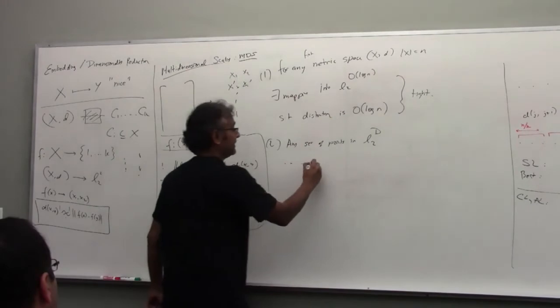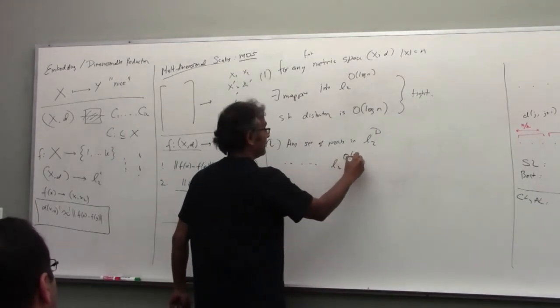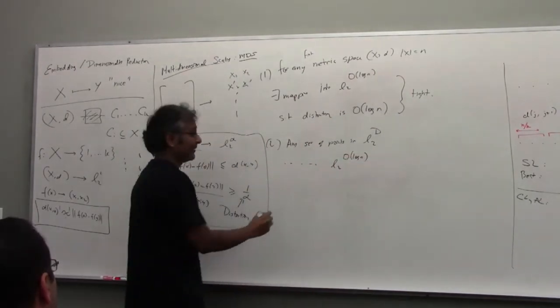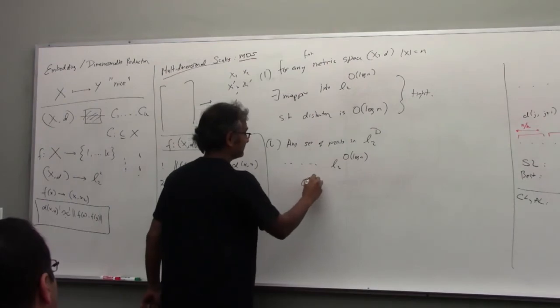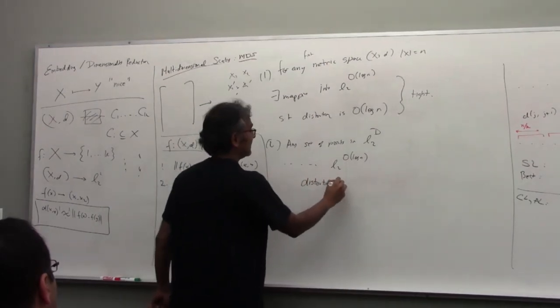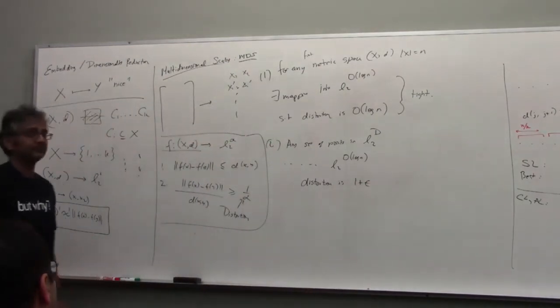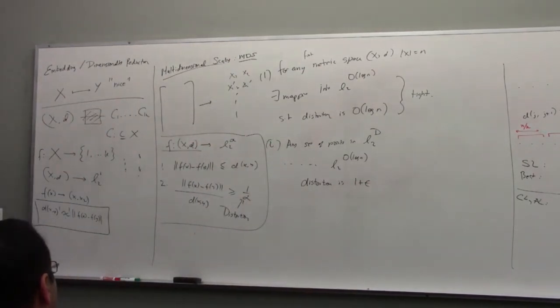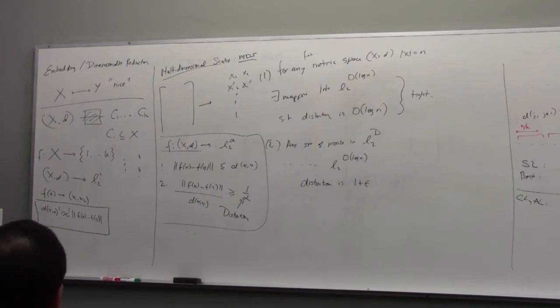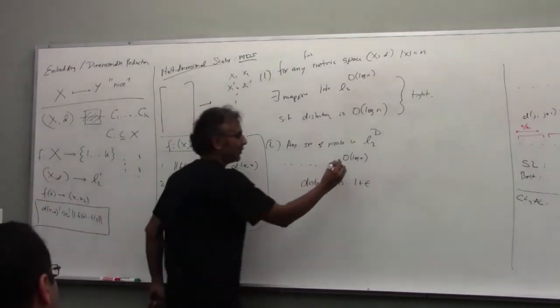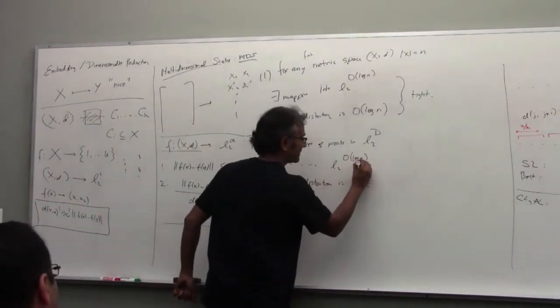There exists a mapping into L2 with O(log n) dimensions, but now the distortion is arbitrarily small. I can make it as small as I want, as close to the exact value. The price you pay, of course, is that this dimension goes up, something like this.